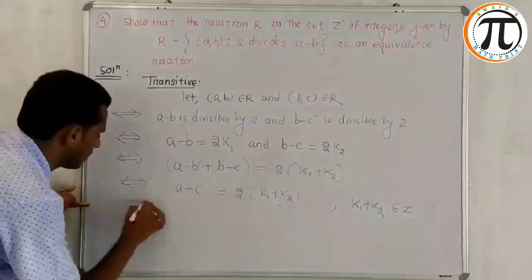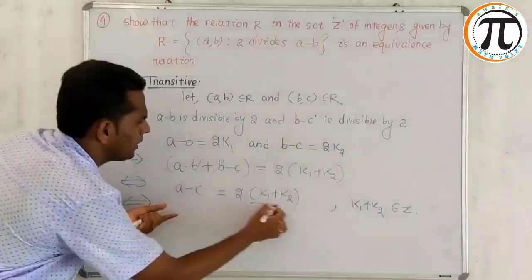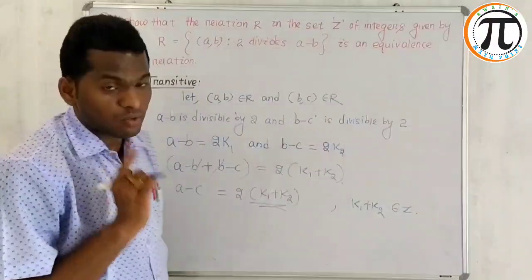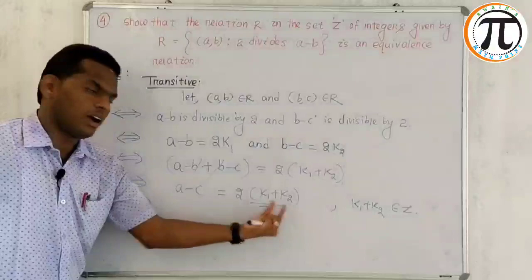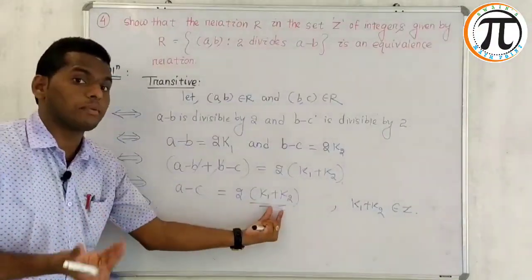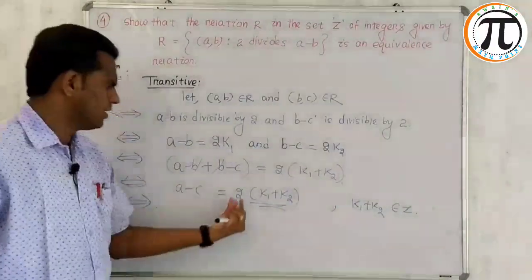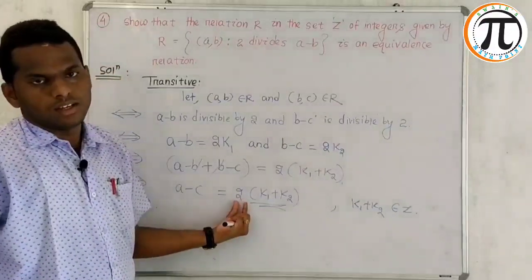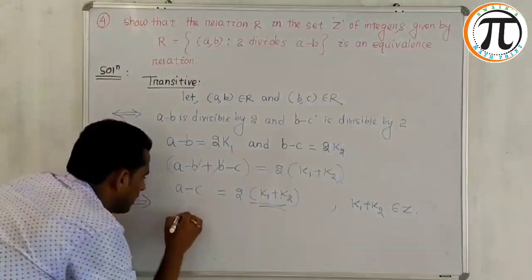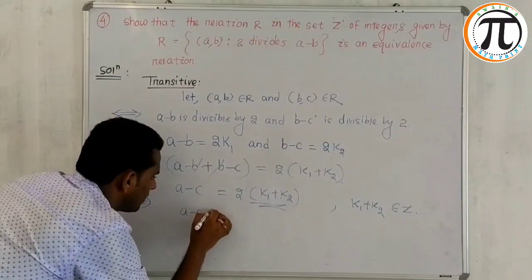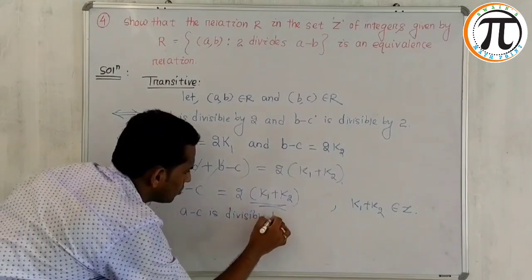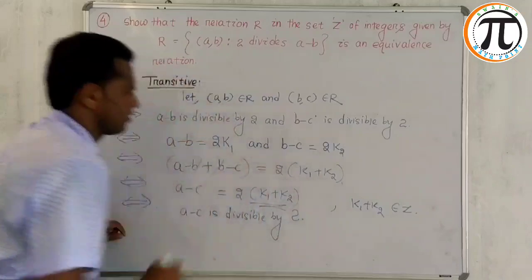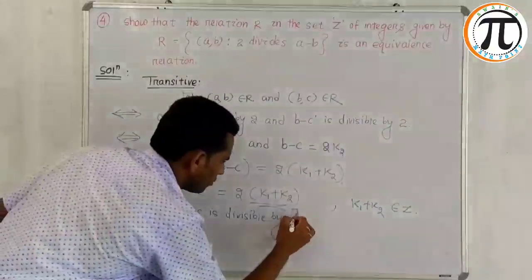देखो A minus C is equal to 2 into something. You are getting here what? A minus C equal to 2 into something. अगर A minus C 2 into something है तो its meaning is what? A minus C is automatic, divisible by 2. Clear or not? So clearly A minus C is divisible by 2. Okay, A minus C is divisible by 2.